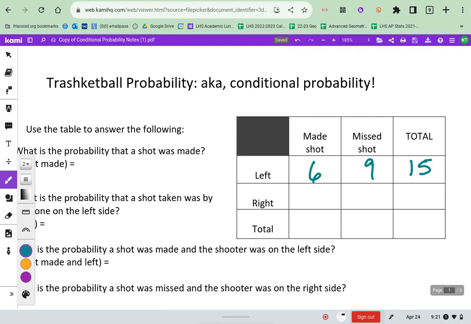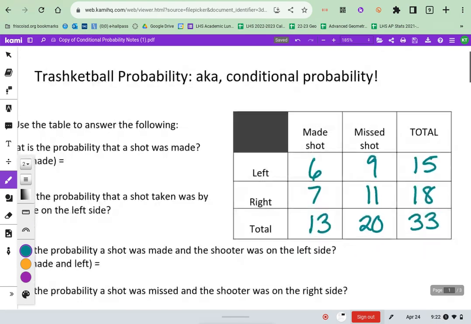The right team made 7 shots, missed 11 shots, and took a total of 18 shots. Altogether we had 13 made shots and 20 missed shots, so our total number of shots was 33.